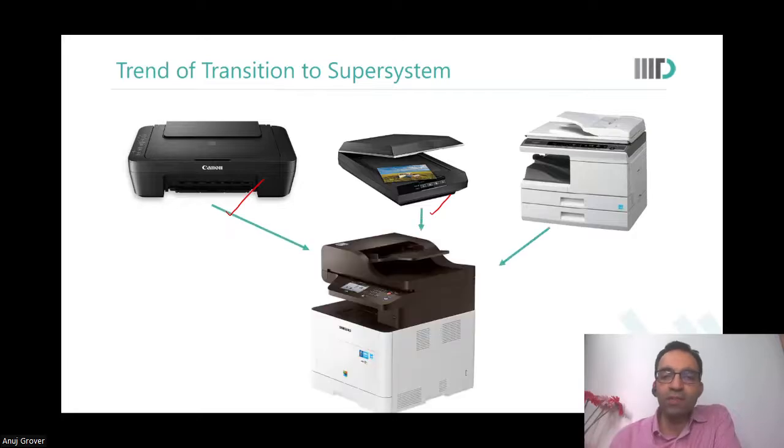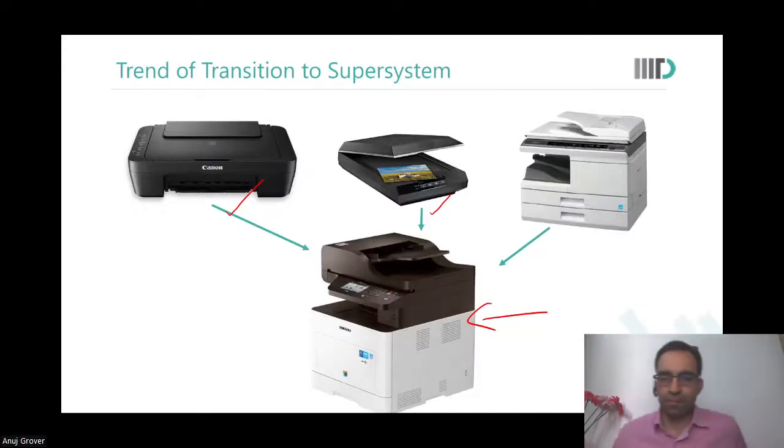Today you have an office all in one, which does the function of fax, does the function of scan, and does the function of printing also, all in one. So an office which had 5 different components in there today has just one product. And this one product does everything in one go. So this is called as trend of transition to super system.